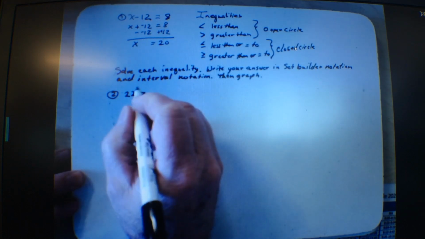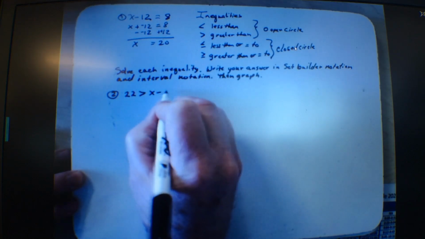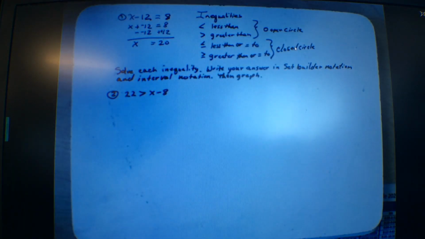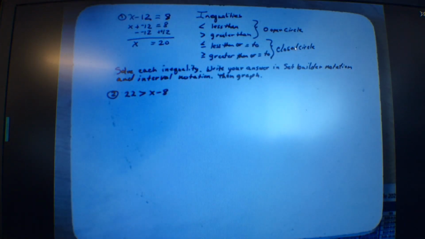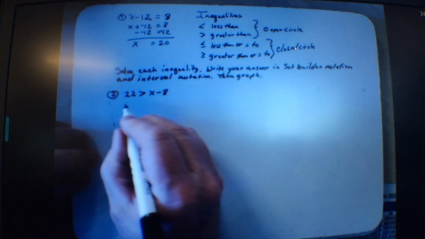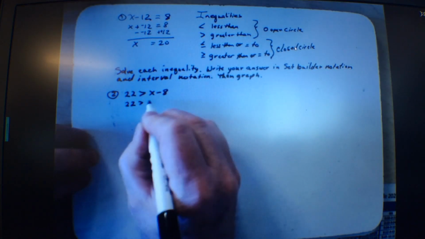22 is greater than x minus 8. Okay, this is an inequality. It has the greater than sign. And we want to solve for the variable x. All right? So first of all, I do it just like I do an equation. I change all subtraction to addition.